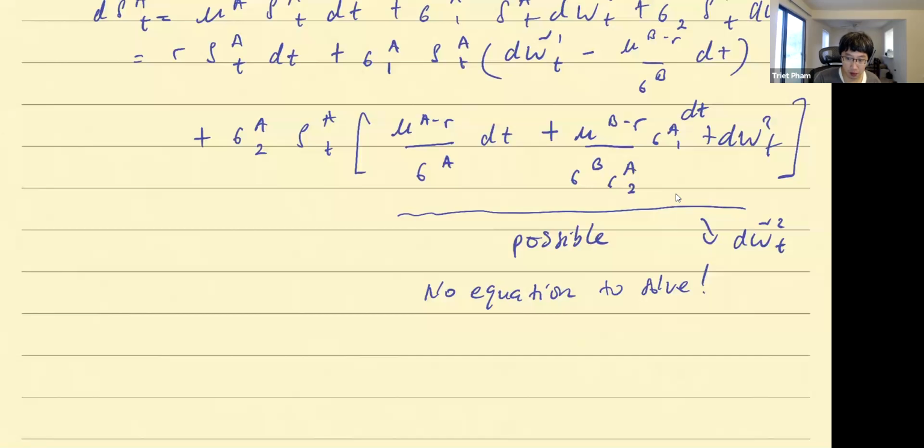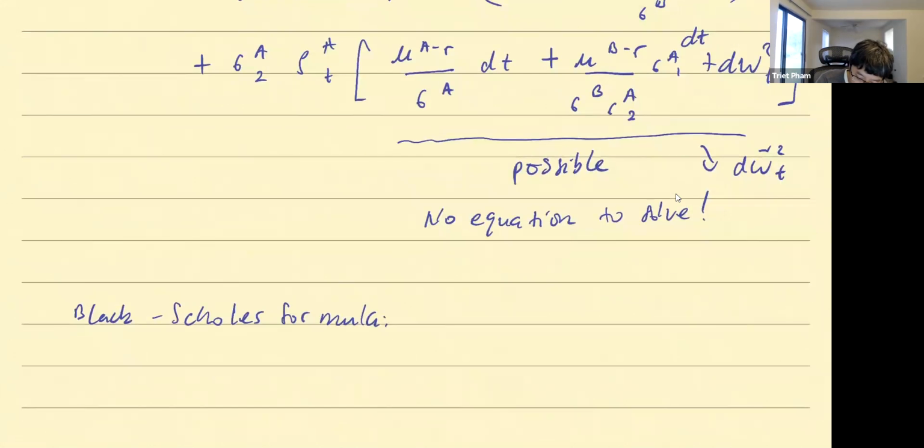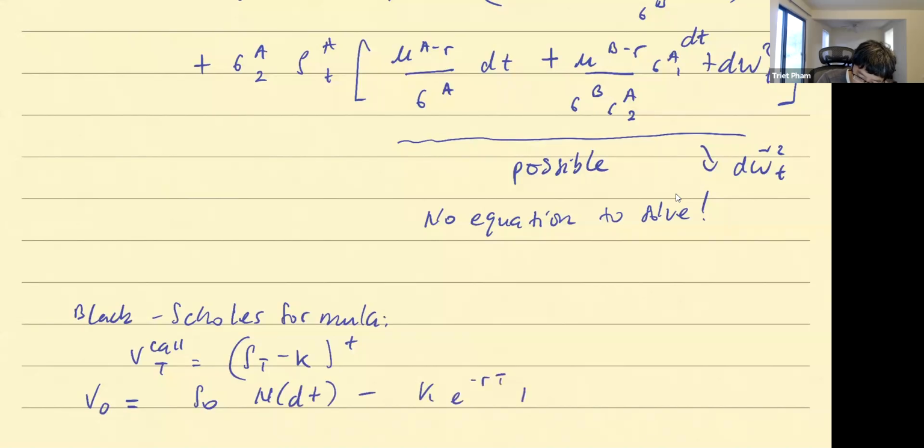So now, having discussed that, let's go back to the Black-Scholes formula, which says that when we have a call option, then V0 is S0 N(d plus) minus K e to the minus rT N(d minus).